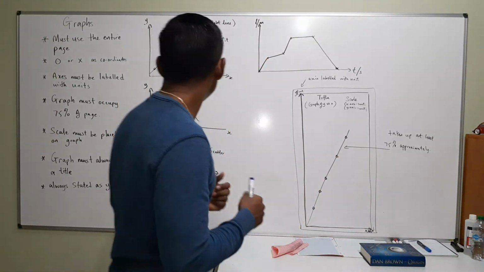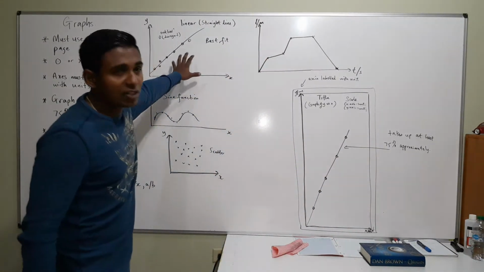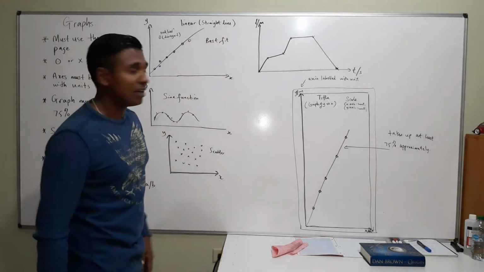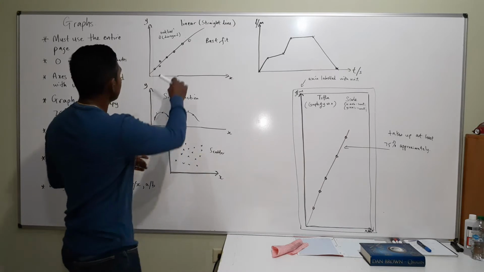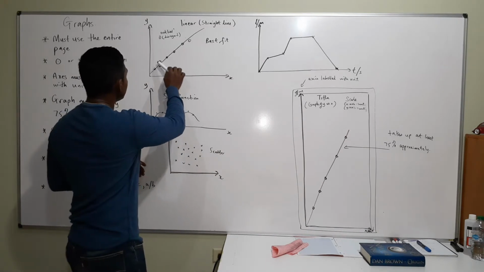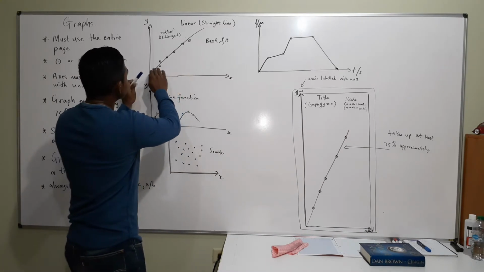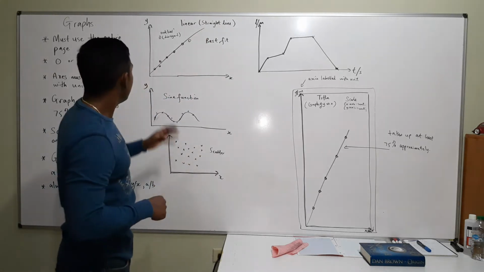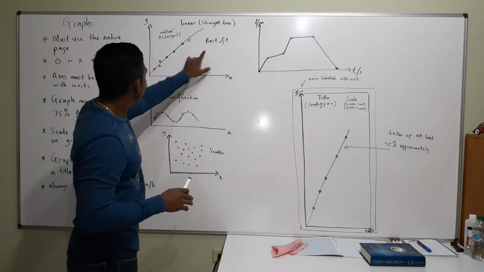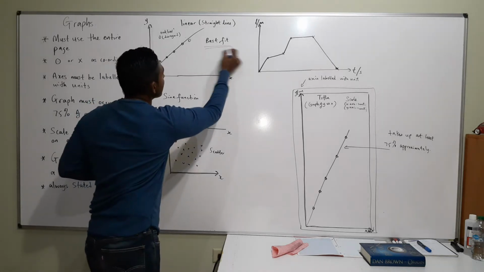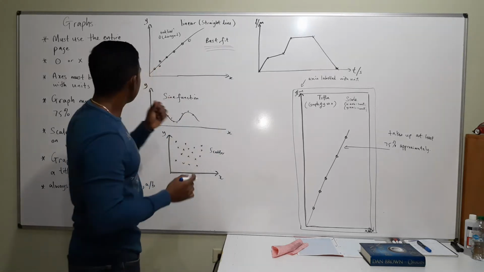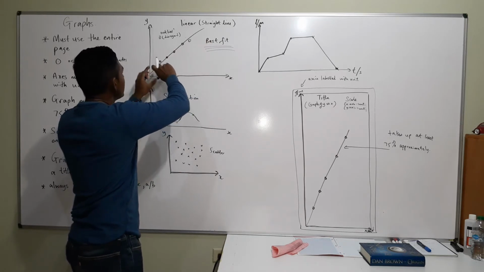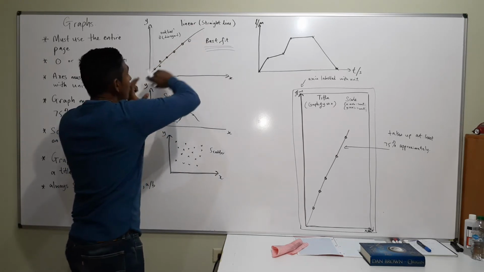For example, let's look at this first graph here. This is what we call a linear graph or a straight line graph, and it's linear because all the points that were plotted seem to be scattered around a straight line. Now, this line is called a best fit line, because if I were to take off this line, it seems that all of these points are just scattered around this line.